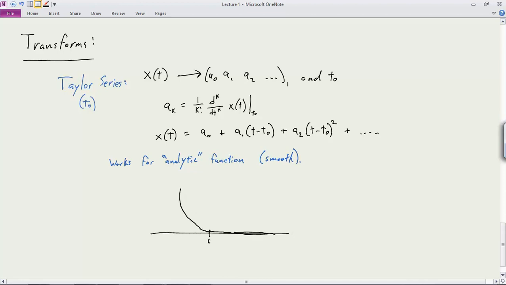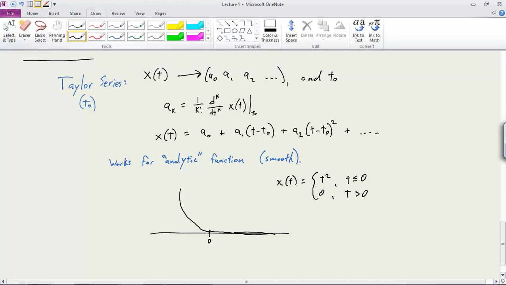So let's say you have x of t equals t squared for t less than or equal to 0 and 0 for t greater than 0. Then, of course, this is not analytic.